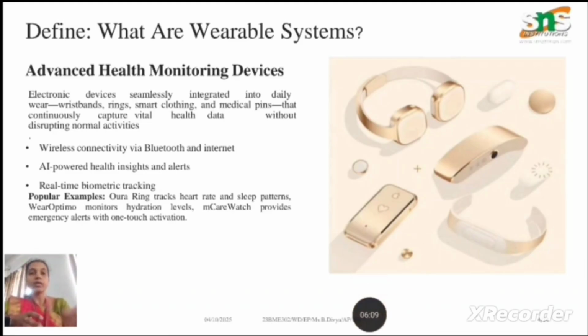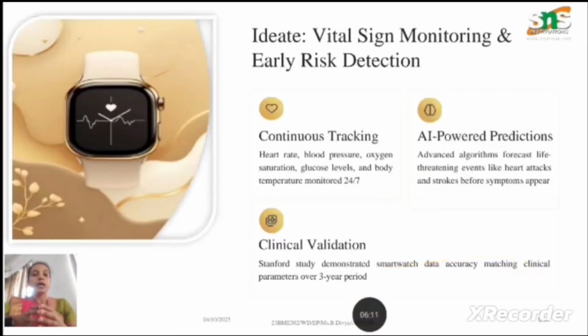Next is vital signs monitoring and early risk detection. How are the vital signs monitored and how is early risk detection made? One is continuous tracking: continuously we track heart rate, blood pressure, oxygen, and glucose level 24/7, and this continuous monitoring is done by the system.